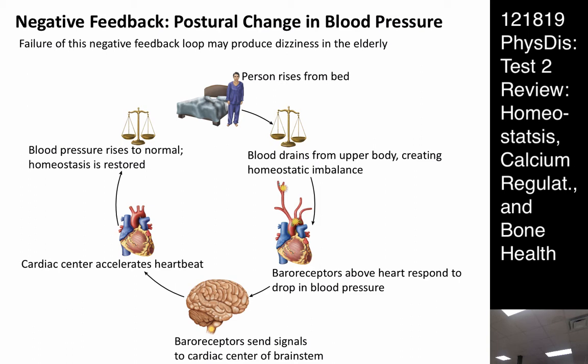The brain processes that information, and then signals from the cardioacceleratory region of the brain go to the heart, speed up the heart rate, and that raises the blood pressure. Don't black out.